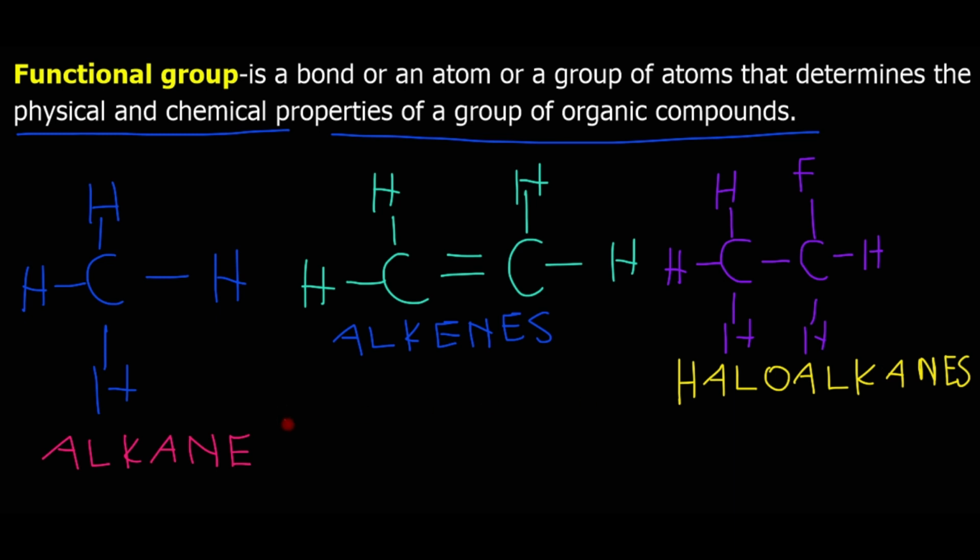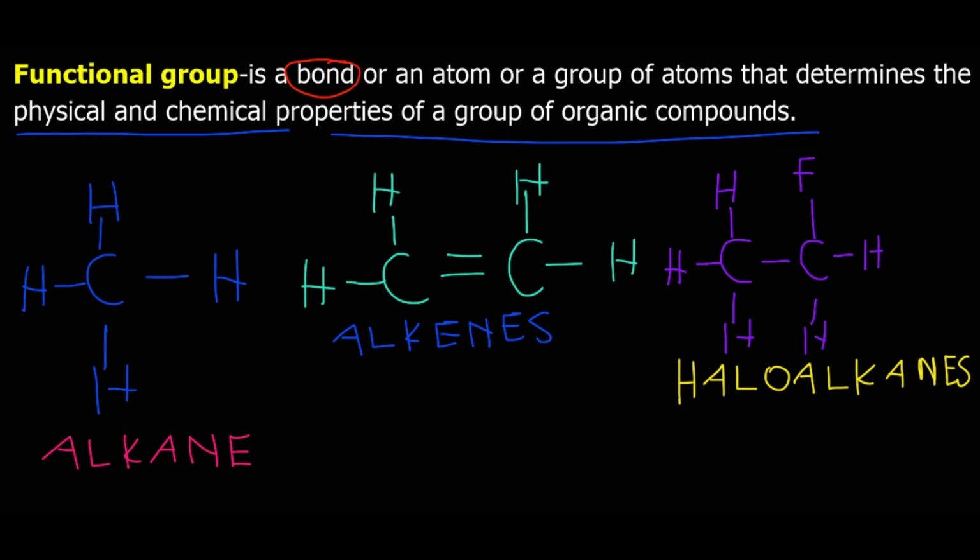Let's understand why these compounds are different. Why this one is an alkane, and then why this one is an alkene, and then why this one is a haloalkane. Based on this definition, there is a bond or an atom or a group of atoms. As highlighted here, there is a bond.